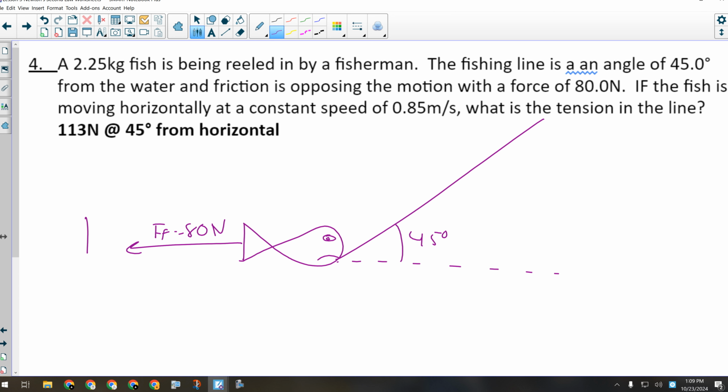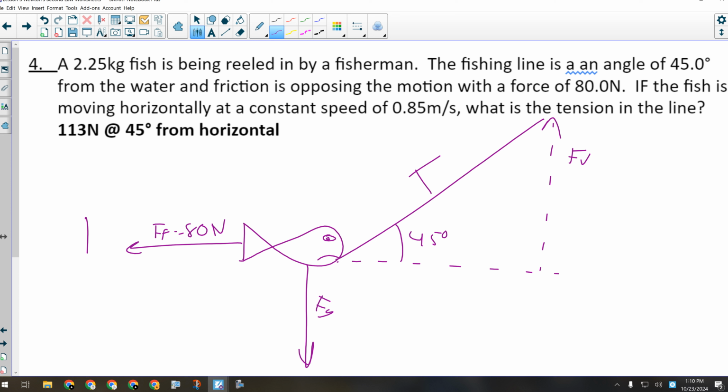Okay, I'm supposed to find the tension in the line, but it does specifically tell me that the fish is moving horizontally. Okay, so if it's moving horizontally, then the vertical component of this force must be balanced by gravity. Would you agree? Like they must cancel each other out because there's no vertical motion.